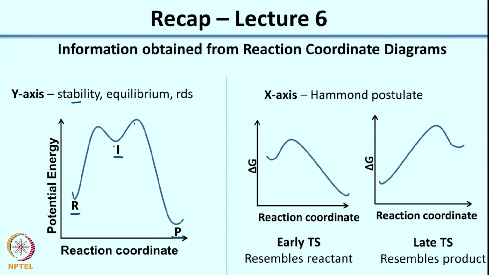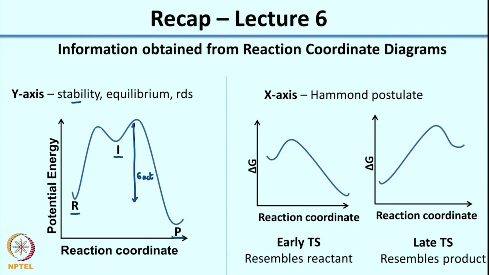Whichever has a higher activation energy, in this case it would be the second step, which would be the rate determining step, and this you can say based on the fact that you have a larger barrier going from I to P, which is the second step.